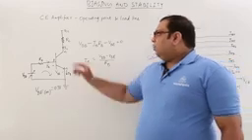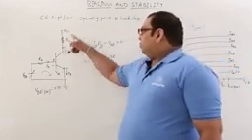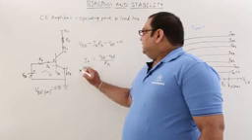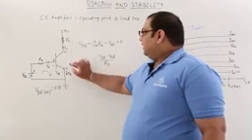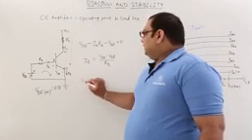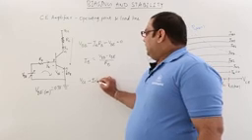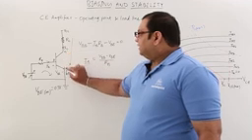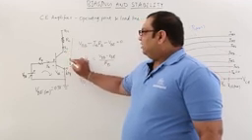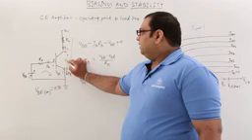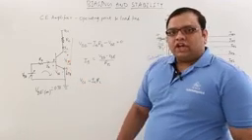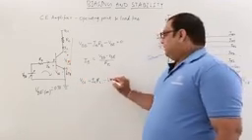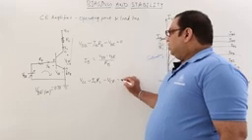Similarly, when you take the output loop equation, we have VCC minus IC into RC, the voltage drop across RC, minus VCE, the voltage across the collector to emitter, is equal to 0.